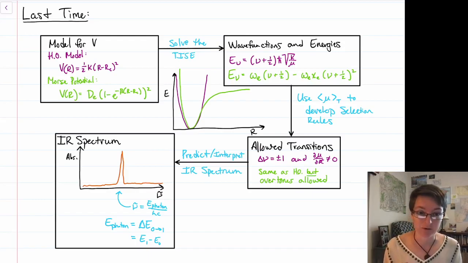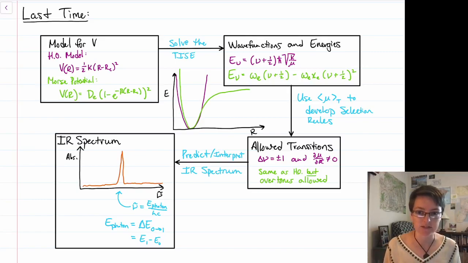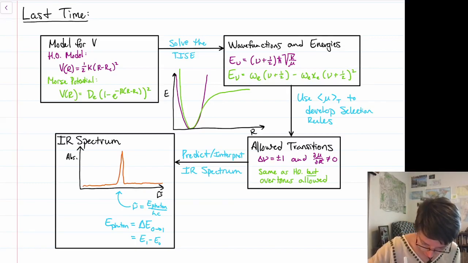We underwent that process of solving the time-independent Schrodinger equation, and we found that there's two different but somewhat related expressions for our harmonic oscillator and for our Morse potential. Oftentimes, you're going to see chemists depict these energy levels superimposed on top of the potential energy surface for that classical model.